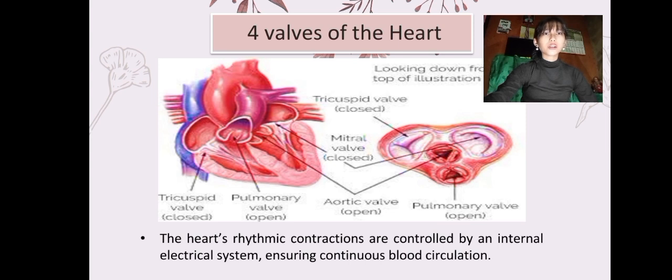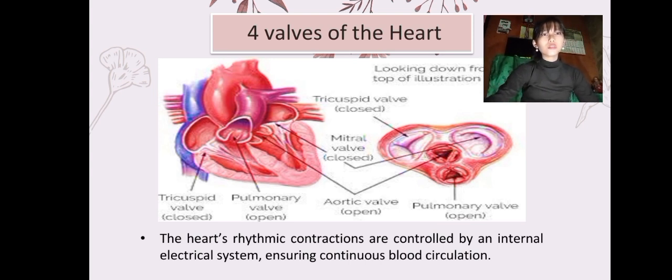The fourth one is the aortic valve. Whenever the blood leaves the left ventricle through this valve, it cannot return to the left ventricle. The heart's rhythmic contractions are controlled by an internal electrical system, ensuring continuous blood circulation.